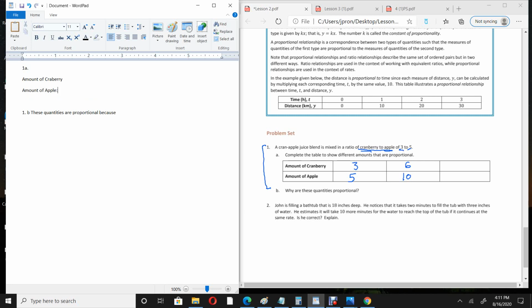I apologize for that, but if you do it in a form, we're going to need to do it something like this. Okay. So then I would have 3 and 5, making sure it lines up in your form, and then an equivalent one, 6 and 10, and then you would give me 1 more example of an equivalent ratio.